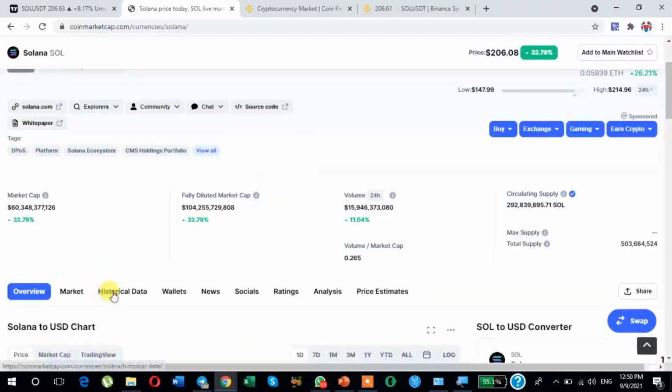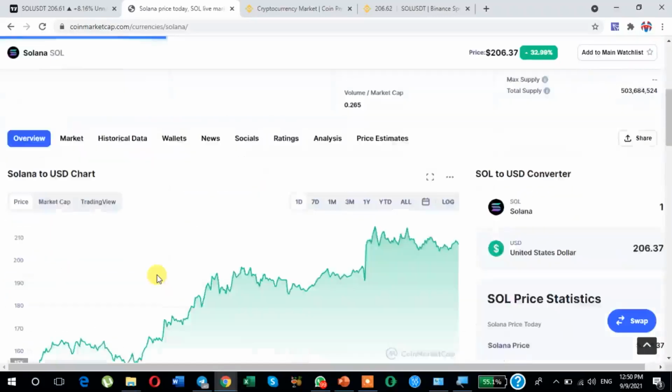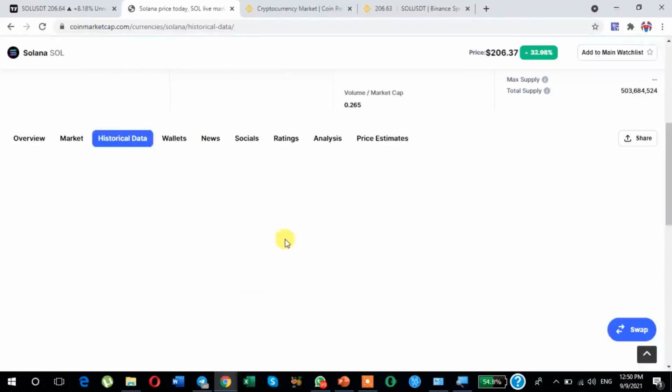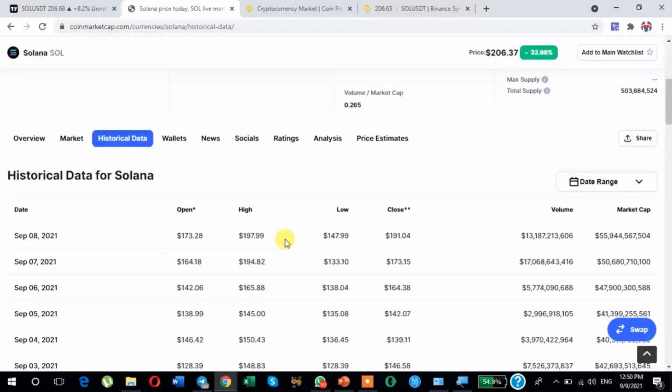Click here on historical data to see price fluctuations, how many days the price goes up in 24 hours. For example, its open price is 173 and close price is 191. It's a great change in fluctuations. As you will see here, 147 low, 197 high.